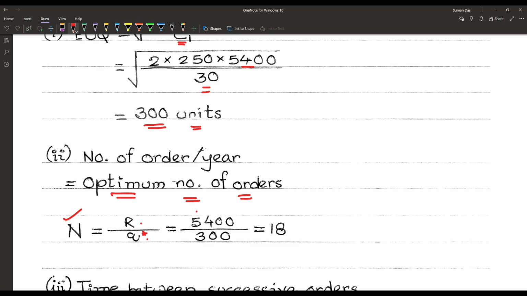Already R is equal to 5400 and Q star is equal to 300. So the number of orders per year, or the optimum number of orders, is equal to 18.